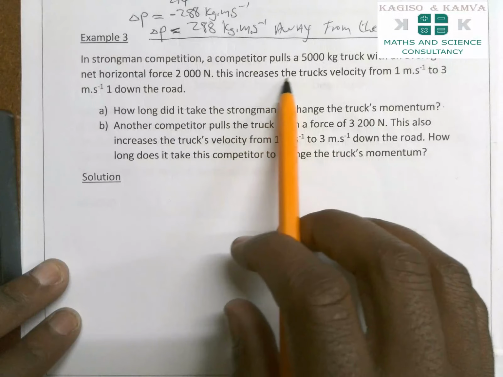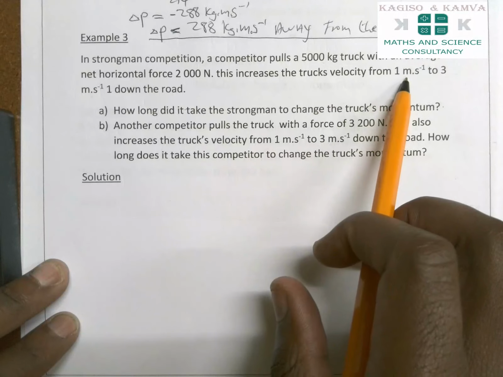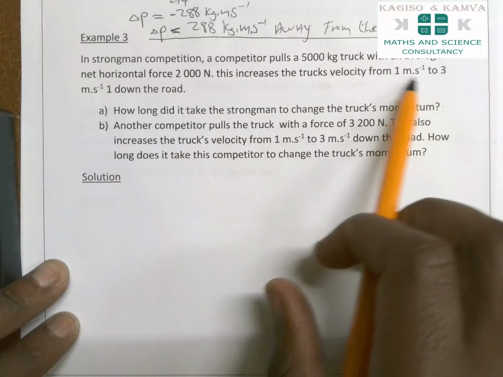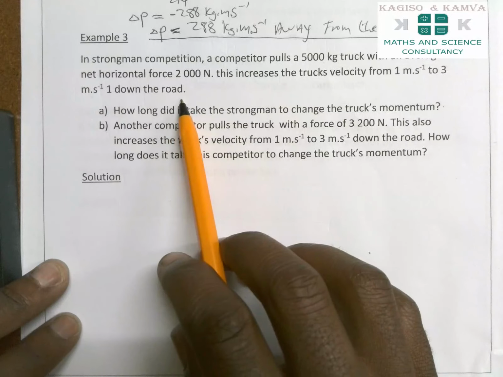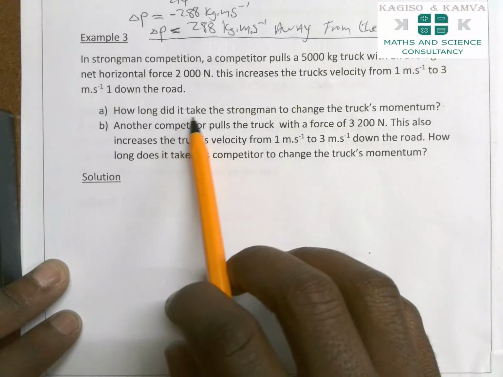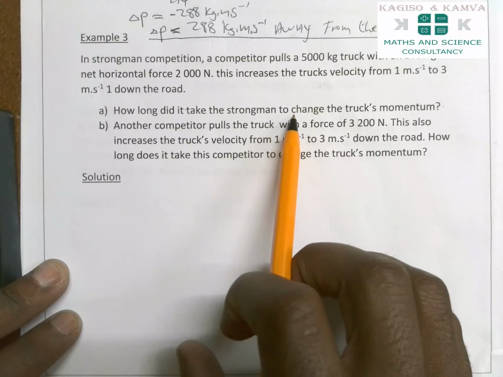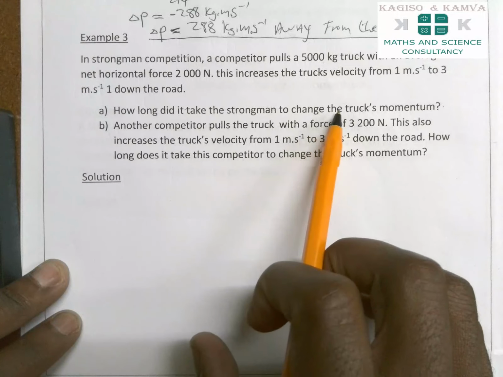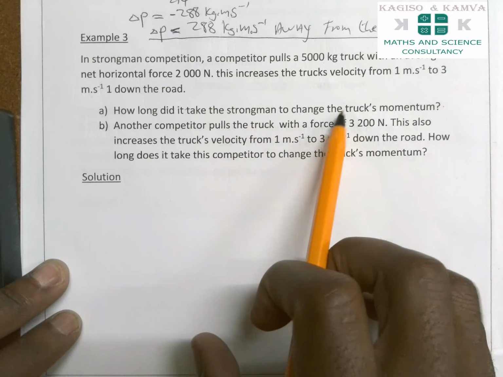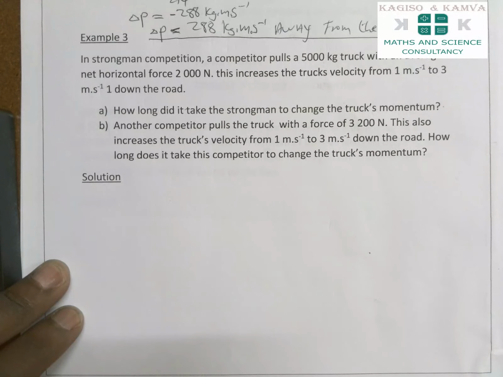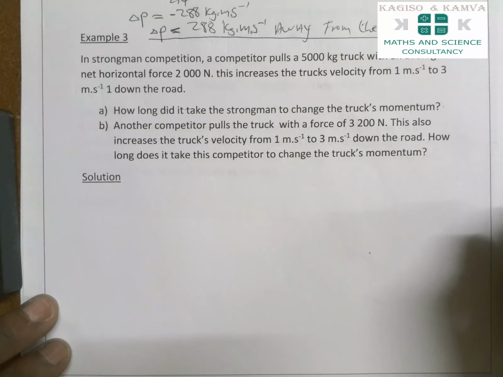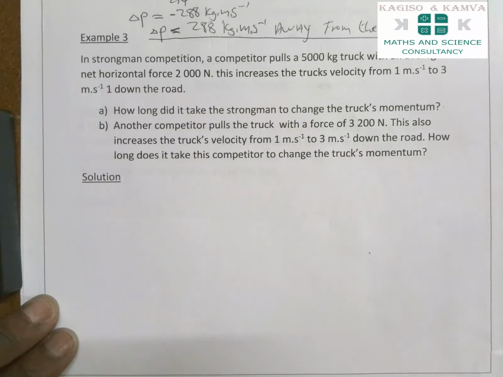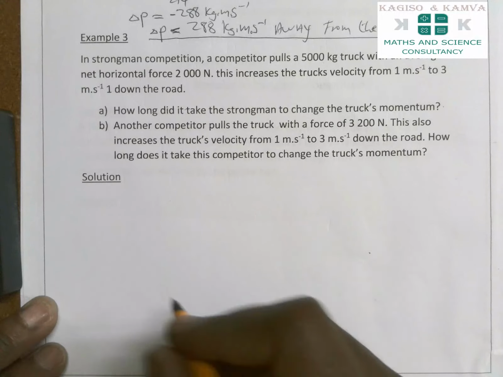This increases the truck's velocity from 1 meter per second to 3 meters per second down the road. How long did it take the strongman to change the truck's momentum? How long? Now they want to get the time. So how can we do this one?